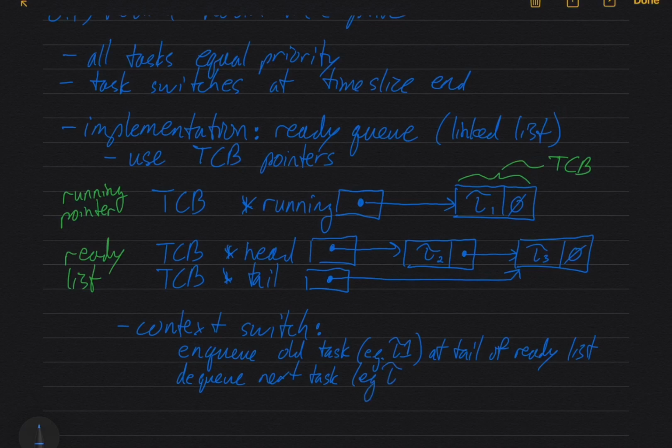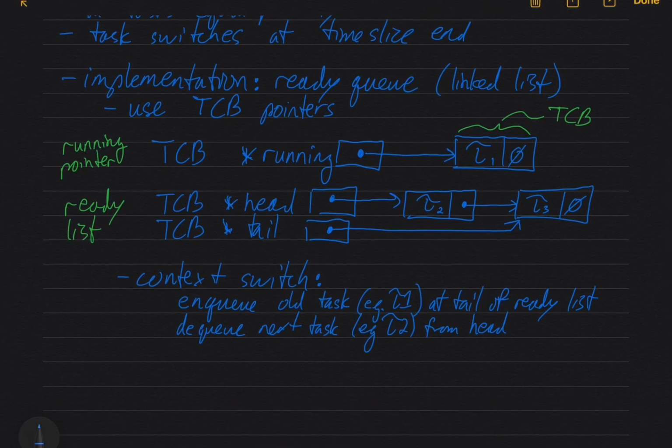So for example, task 2 from the head of the ready list. And all these operations, the runtime complexity, are order 1. So scheduler overhead is order 1, so that's great.